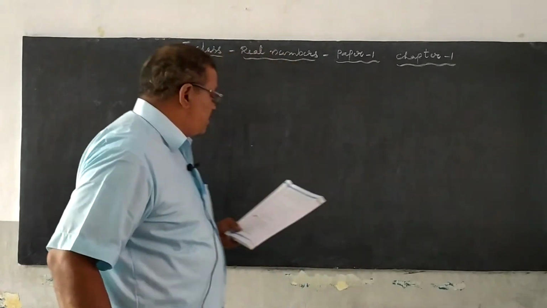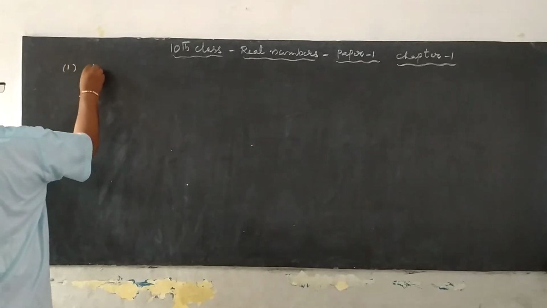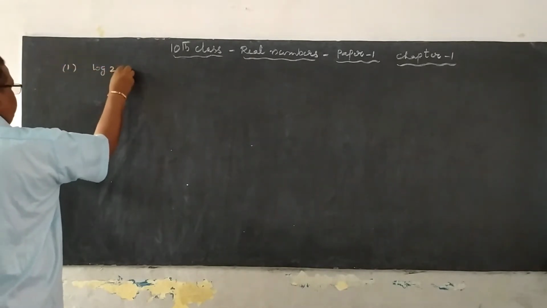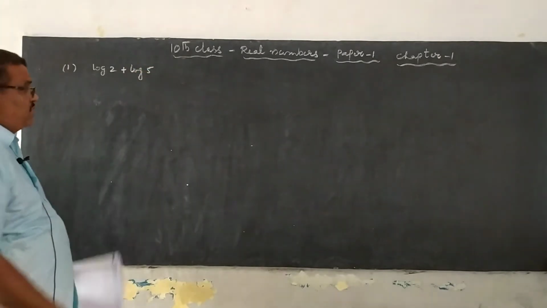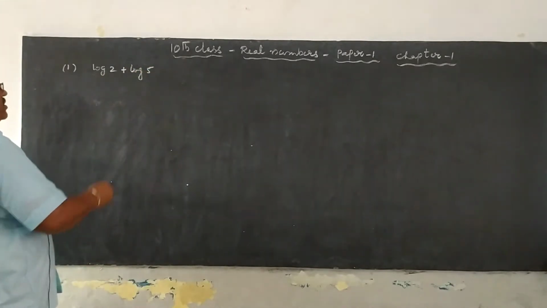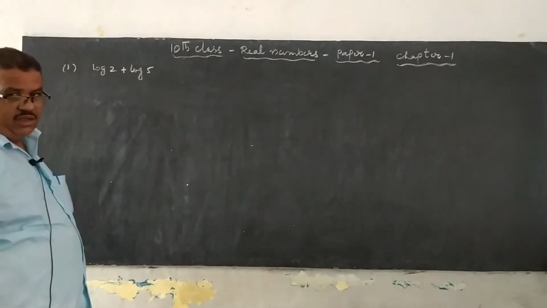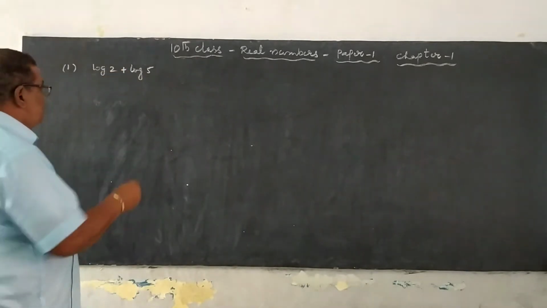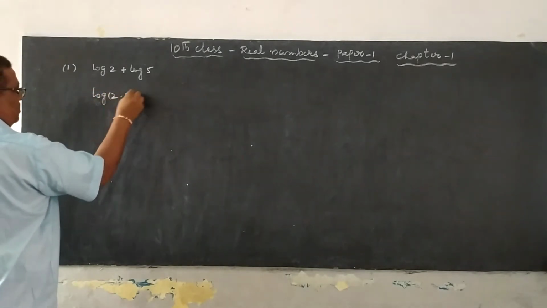The first question in the second Roman is log 2 plus log 5. Which is in the form log x plus log y. Log x plus log y is nothing but log xy. So that is log 2 into 5.